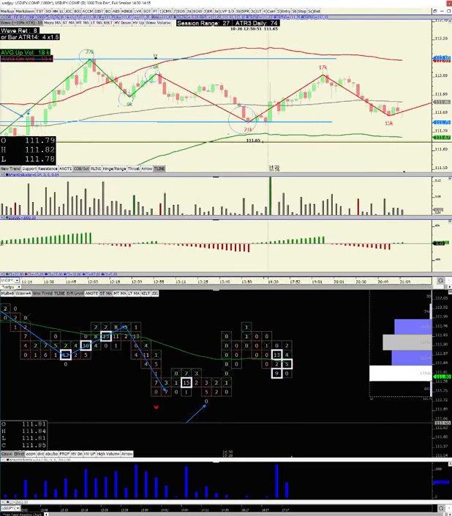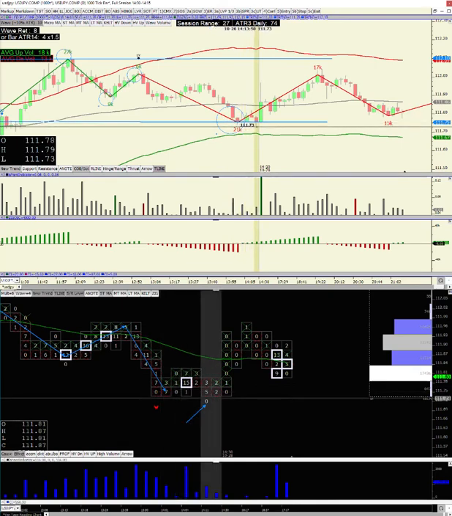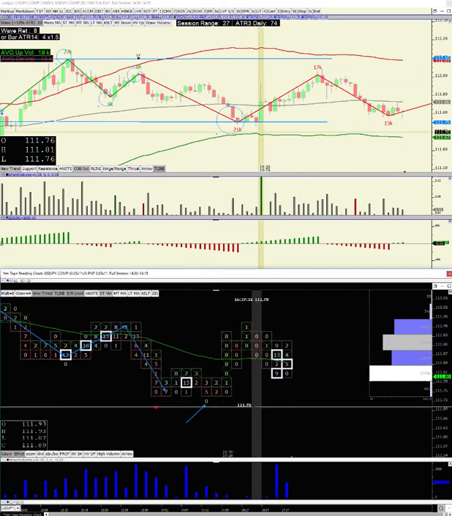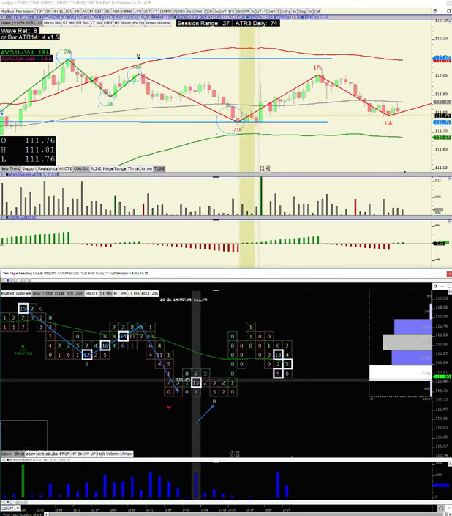So now let's see how it looks on the bar chart up here. You see it went down, sideways, there's your little spring, followed by a reversal, thrust up. So that's what we see, and that's what we understand. This is how the market reversed.